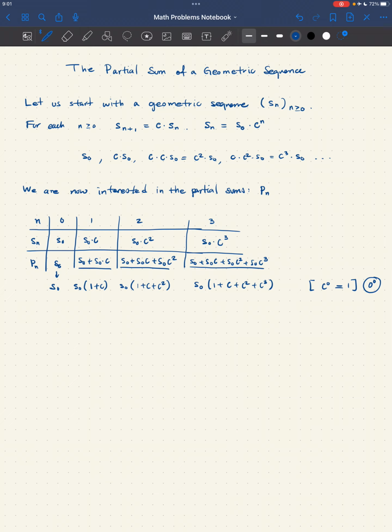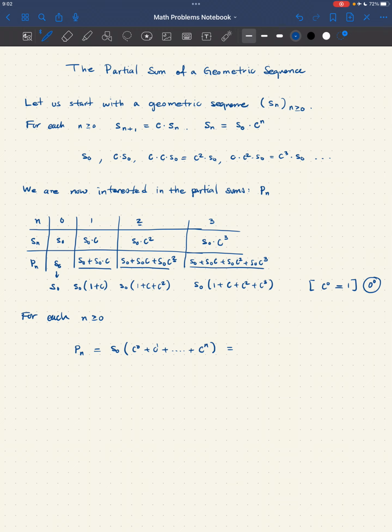So now I can say for each n greater or equal than 0, we have that Pn, the partial sum up to n, is equal to S0 times c to the 0 plus c to the 1 plus and so on up to c to the power of n. Just keeping in mind this numbering.